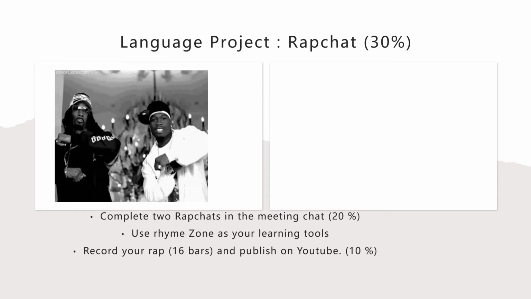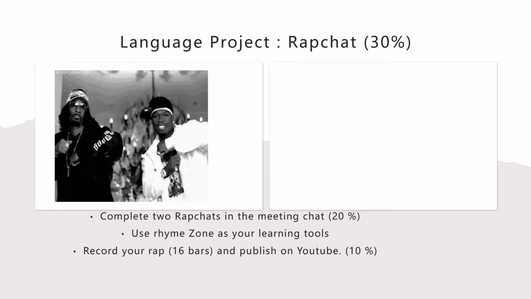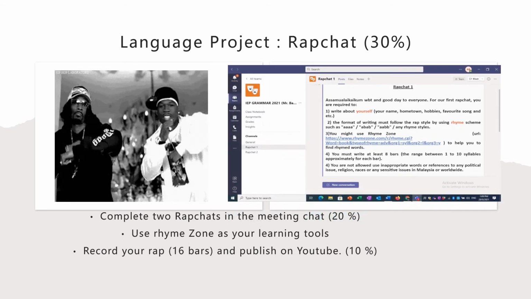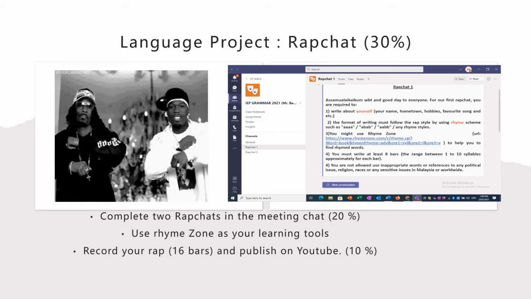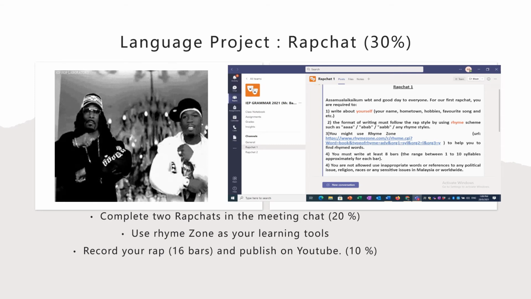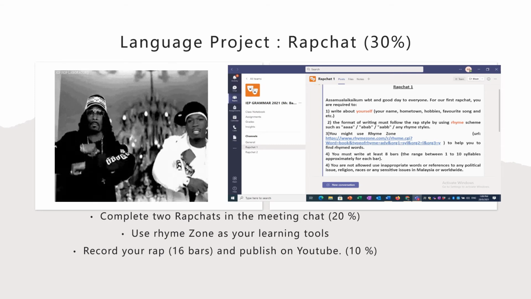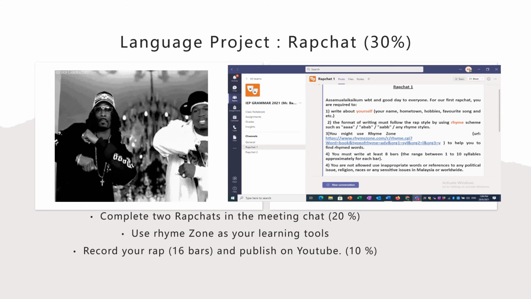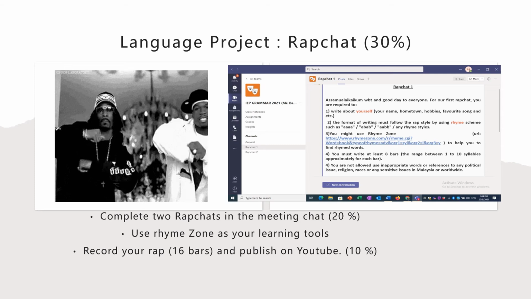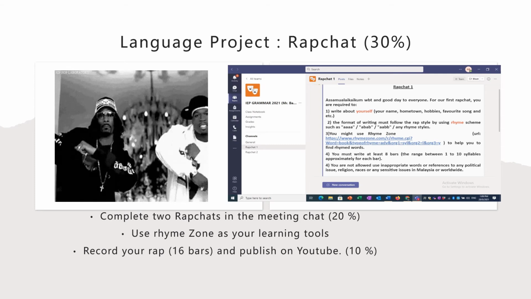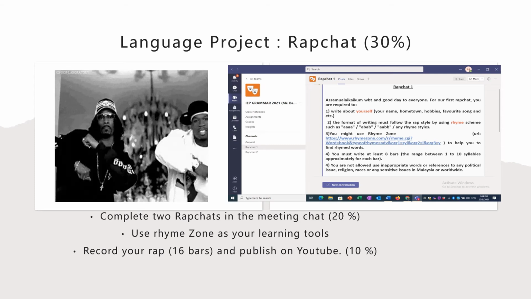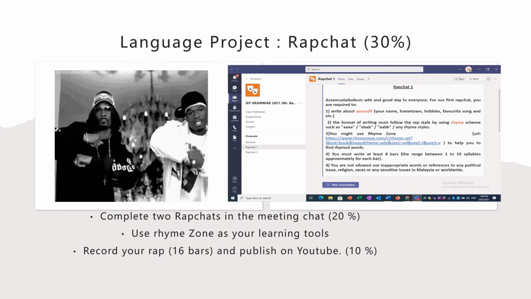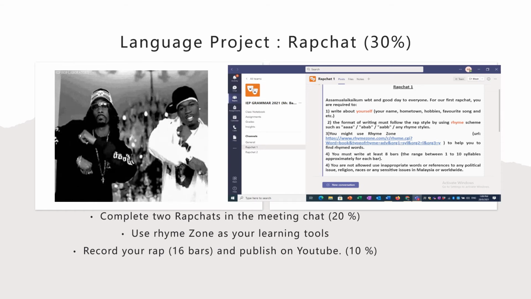All right, this is a very important assessment, which is 30% of your carry mark, which is the rap chat. What you have to do is complete 2 rap chats. You can go to your Microsoft Teams, and there are rap chat 1 and rap chat 2. For the process of completing this assignment, you have to use RhymeZone as your learning tool, because it has a dictionary function and also helps if you want to find rhyme words.